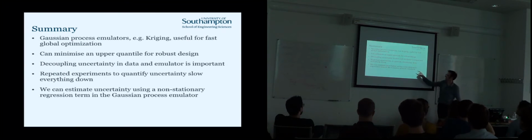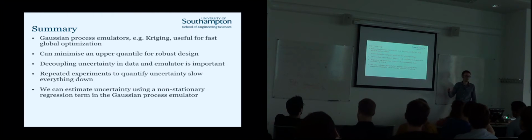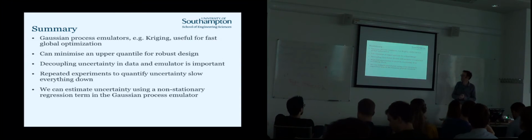A real key thing is not mixing up your uncertainties. You've got reducible error in your surrogate that you're fitting, and you've got this irreducible error that's the uncertainty that you're trying to quantify. And if you just apply these methods as they come out of the box, you're going to have this double accounting of errors that doesn't make sense. So you need to try and decouple these.